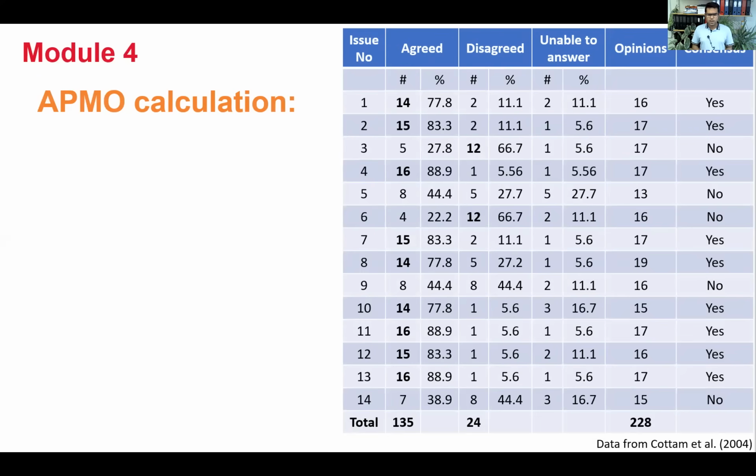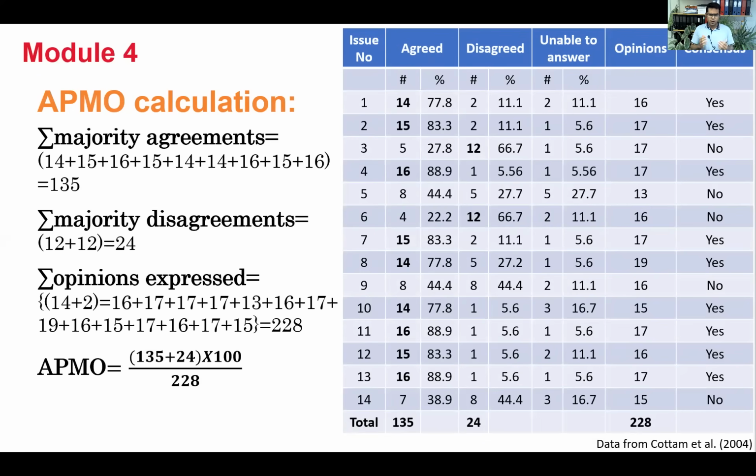The APMO cutoff point in the first round Delphi in this study is 0.697. That is the result of dividing the total number of 135 majority agreements and 24 majority disagreements by the 228 opinions expressed. To get the percentile threshold, we need to multiply the cutoff point by 100.